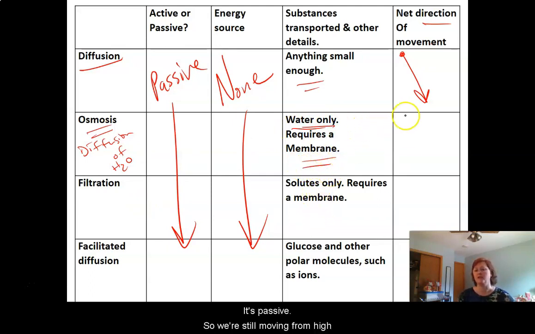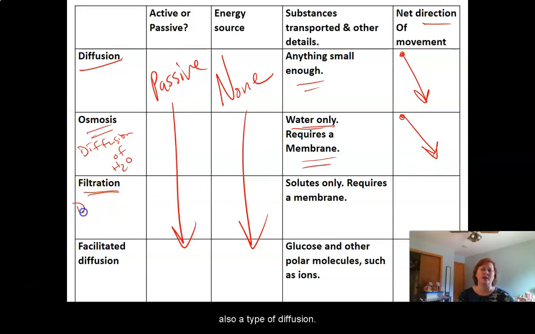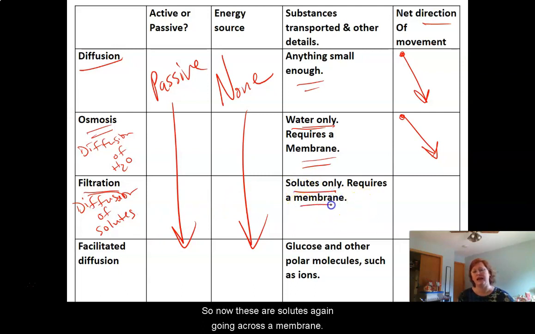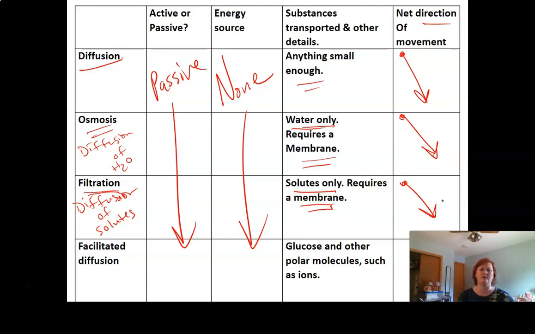It's passive, so we're still moving from high to low concentration. Filtration is also a type of diffusion, but now we're talking about the diffusion of solutes. So now these are solutes, again going across a membrane, but we're still going from high to low concentration.